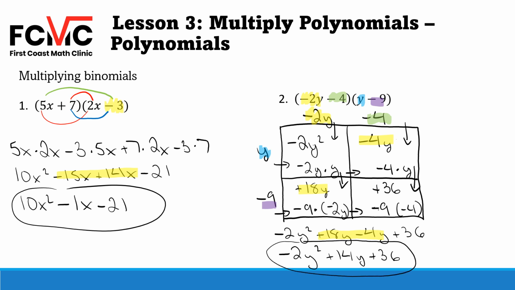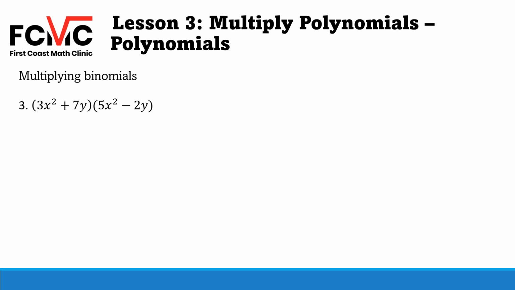All right, let's do two more examples of multiplying binomials where we use FOIL and we use the box method. All right, so for number 3, let's use FOIL. So first, let's do 3x squared times 5x squared.